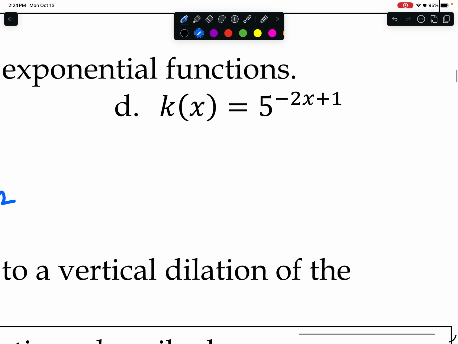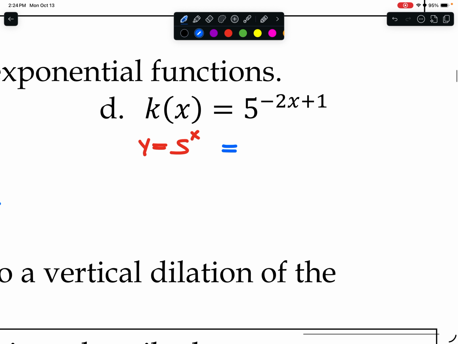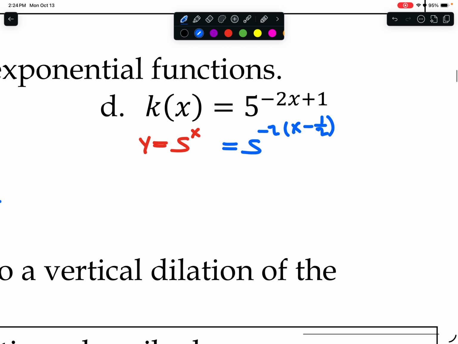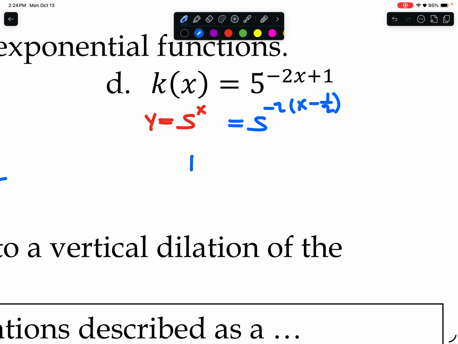And then next over here, part D, we're going to have parent function of 5 raised to the x. So my transformations here, I'm going to rewrite, factor out that negative 2. So we're going to have x minus 1/2. So my transformations here, we're going to have a reflection over the y-axis.